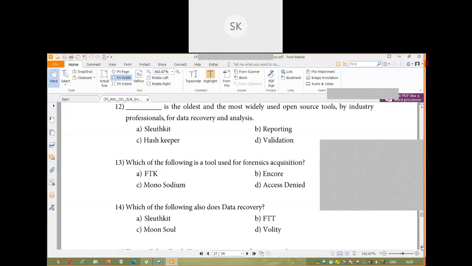That's why I also have a doubt. Though A is already a data recovery tool, they are writing which of the following also does data recovery. Think about that. Except A, maybe some other out of B, C, D is used for data recovery. You have to see that one.